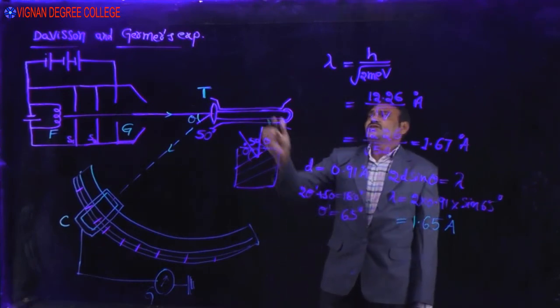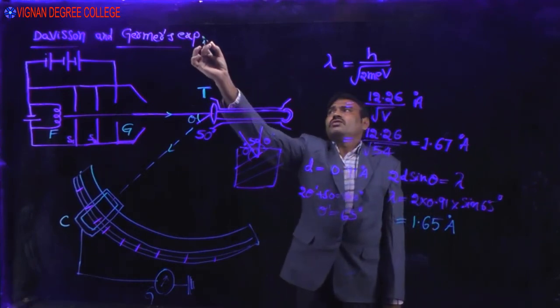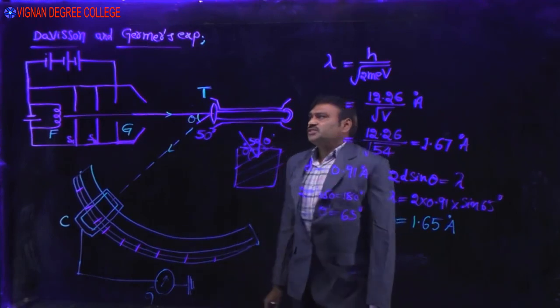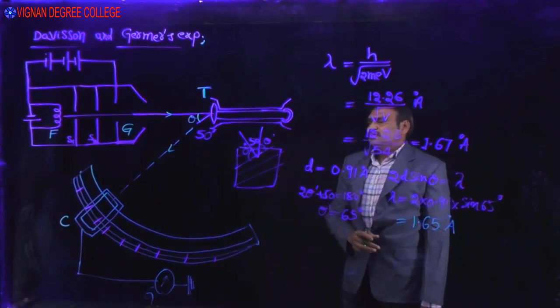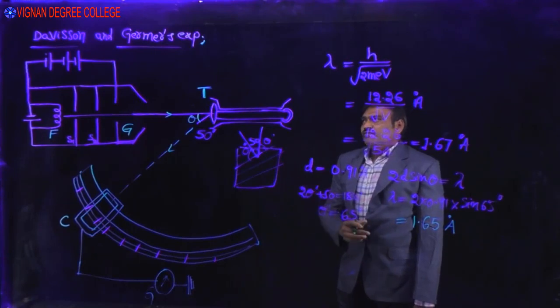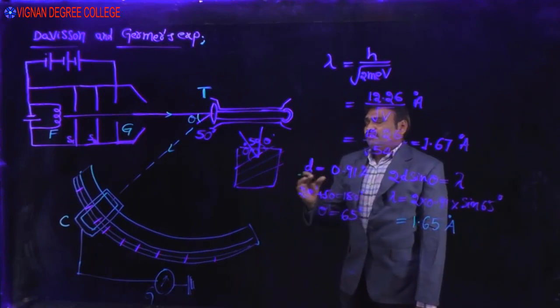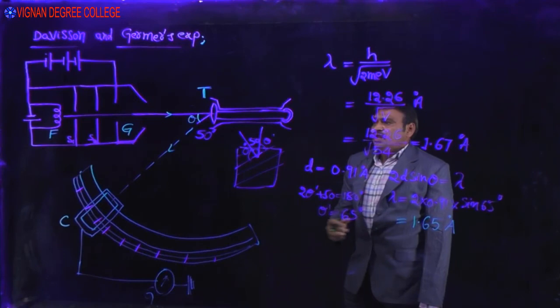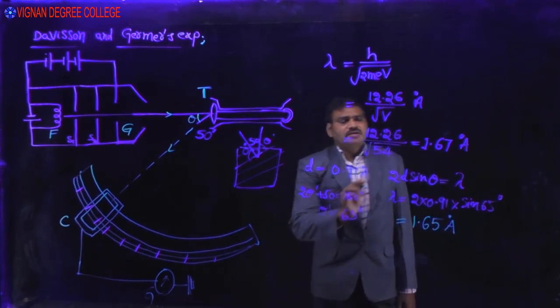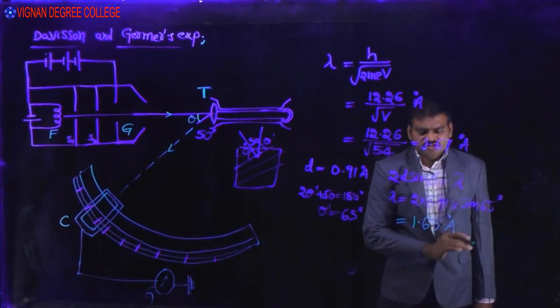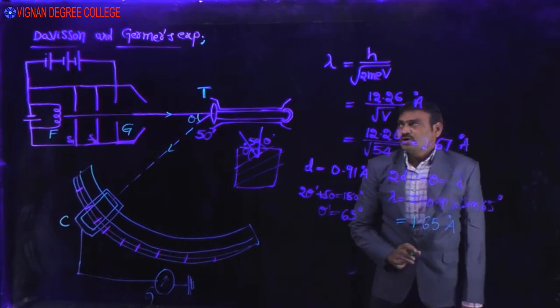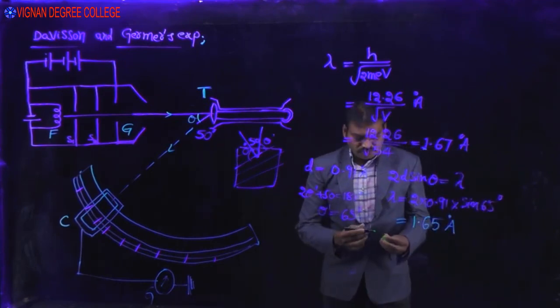From this we conclude that Davisson and Germer showed that material particles exhibit wave nature, that means matter waves exist, and they also succeeded in measuring the wavelength, 1.67 angstroms. Okay, thanks to everyone.